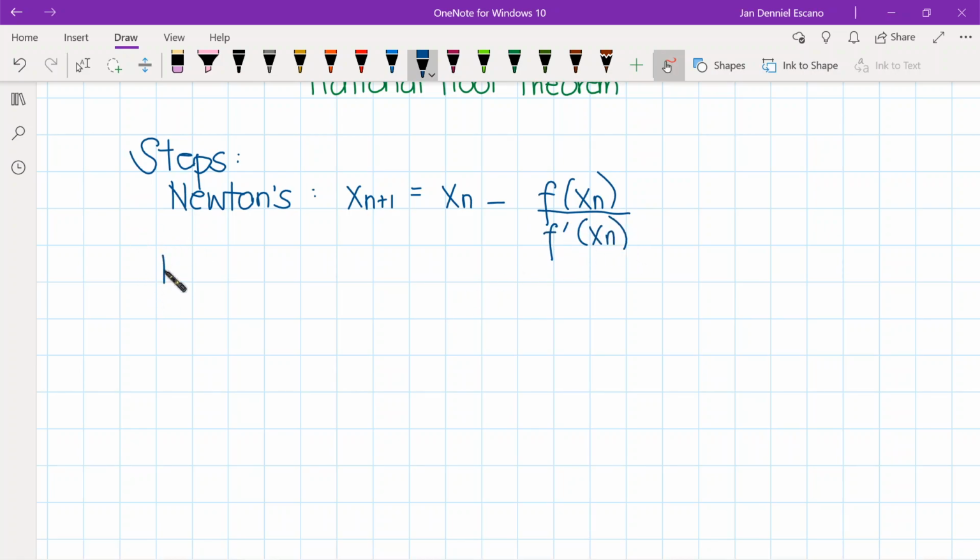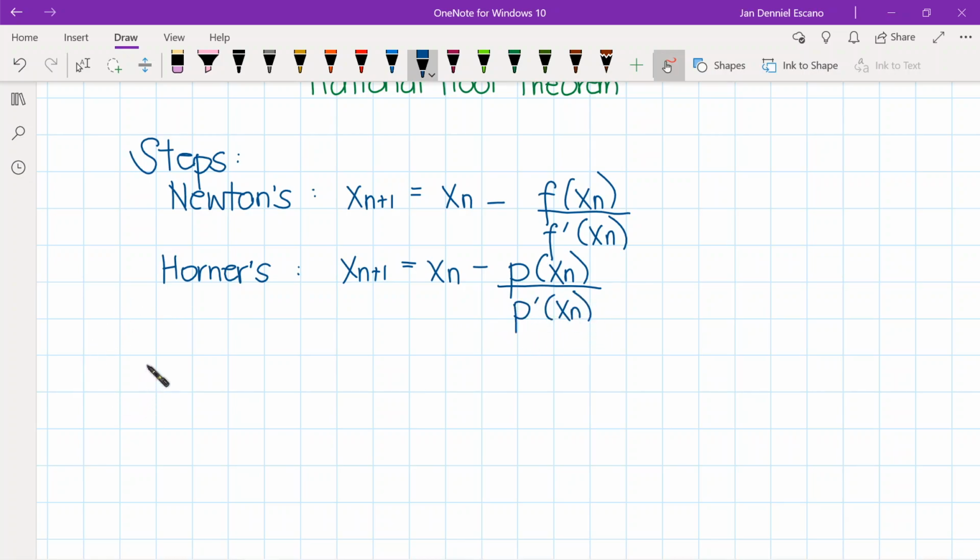In the case of Horner's method, we just change the terms in Newton's method. It just becomes x of n plus 1 is equal to x sub n, and the function just changes. It becomes the polynomial given to us. So a function is a function, but a polynomial is different from a function. So you just get its derivative.